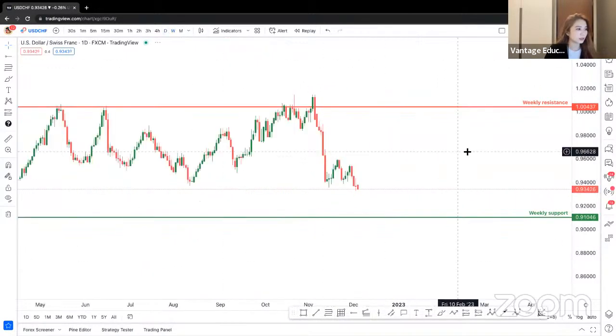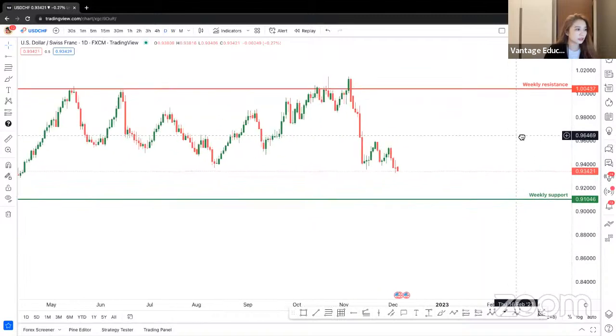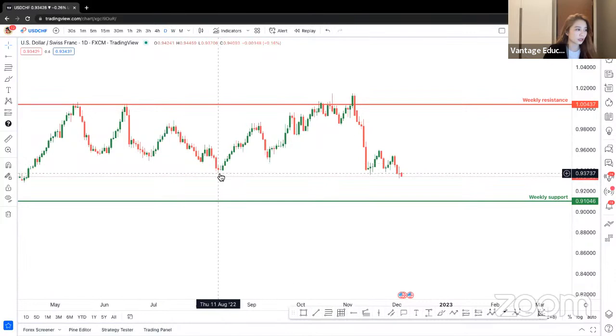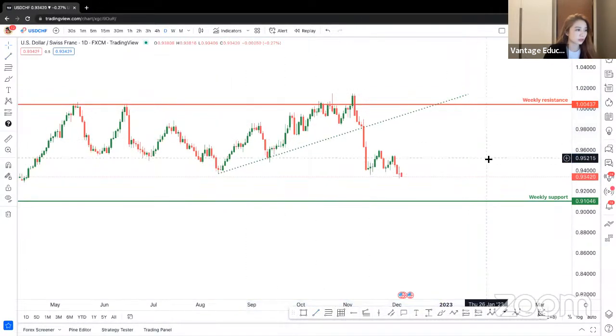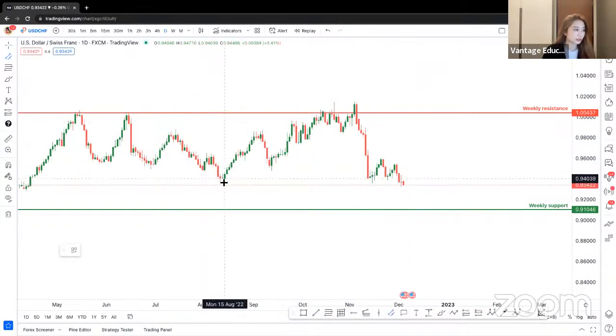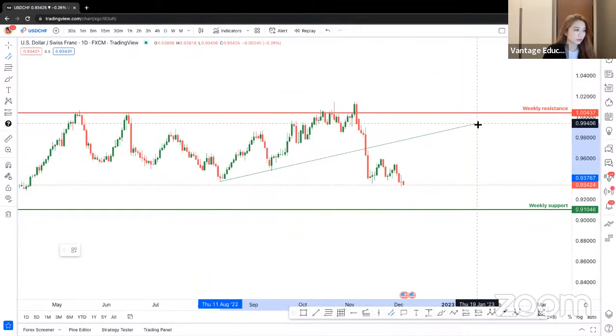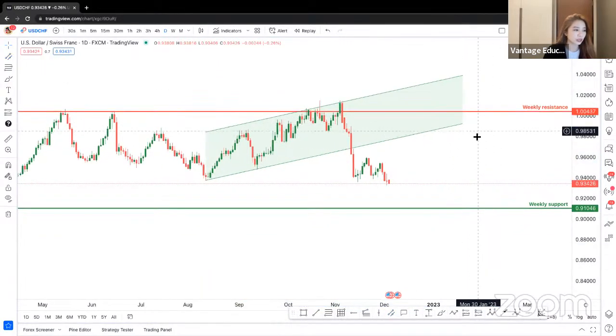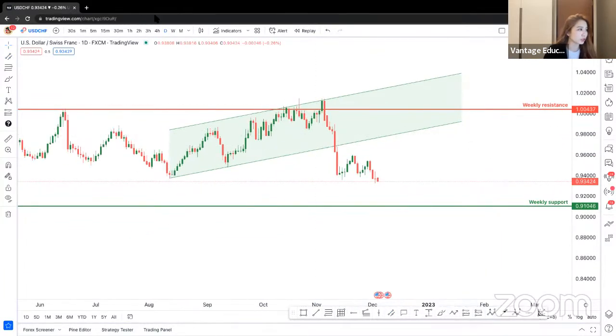Okay, let's take a closer look at the daily. We do see that previously there was a pretty straightforward upward moving trend before the downfall. If you want, we could look at an upward moving channel, and then price actually broke out of the channel.